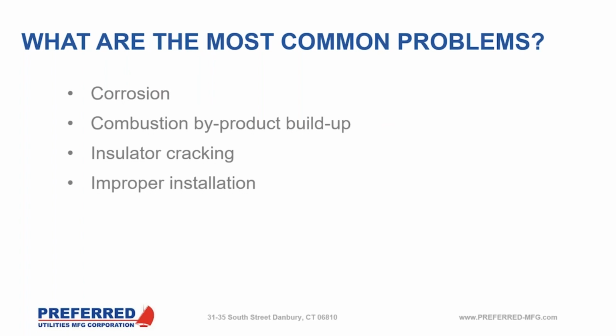Now, what would be the most common problems we might run into with a flame rod? Quite honestly, it's corrosion, or it could even be moisture. How they're mounted in a burner assembly is very key to whether they're going to be reliable or not. We can get some corrosion on that. We can get some combustion byproduct buildup on that flame rod, and that can cause the resistance obviously to go up.